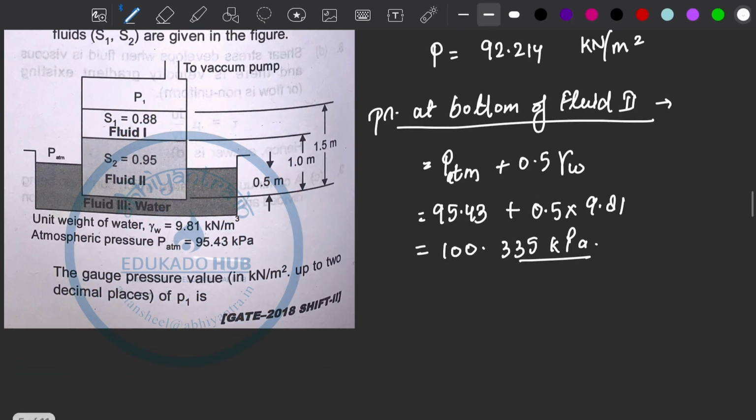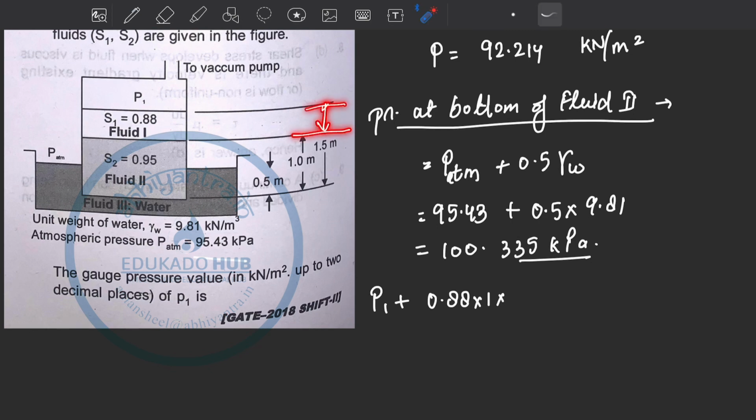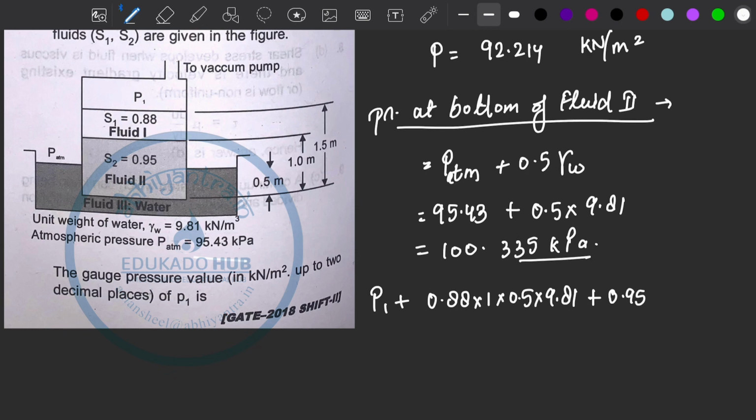Now let's calculate this pressure at the bottom. So we get the pressure P1 plus pressure of fluid 1, that is specific gravity 1, water pressure, and the length of this is 1.5 minus 1, which comes out 0.5 into 9.81, plus the next fluid, fluid number 2, which is specific gravity 0.95 into the length of the fluid, 1 meter.